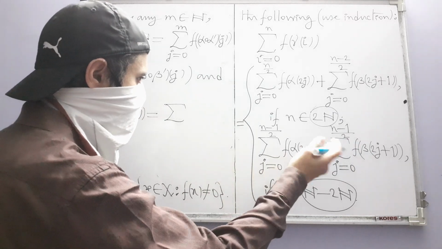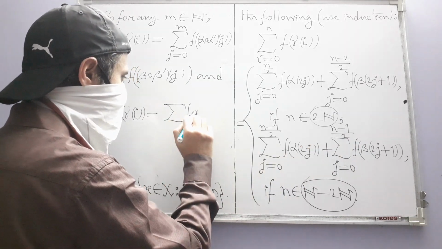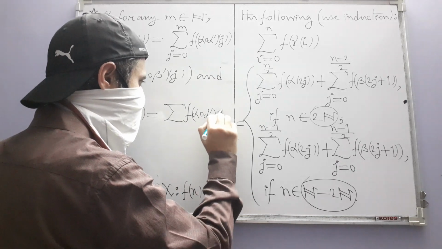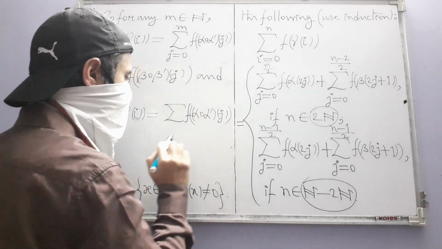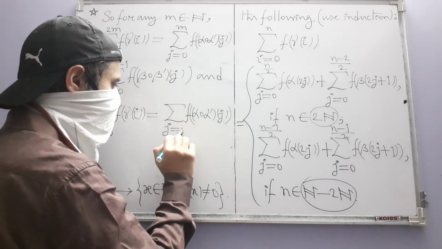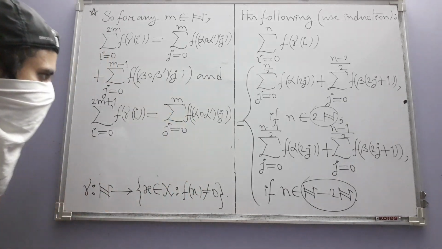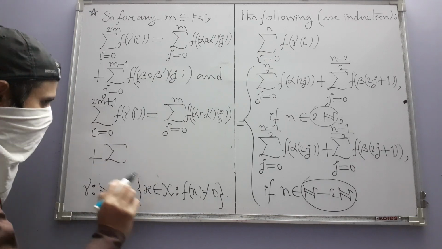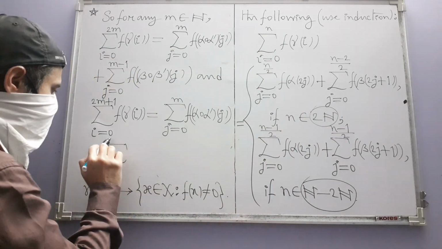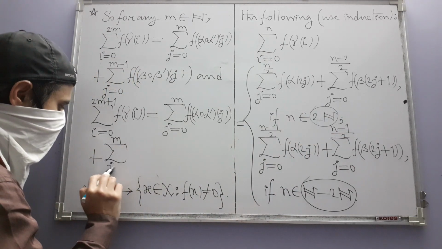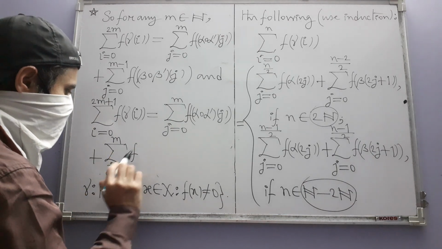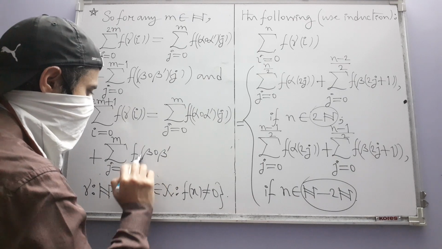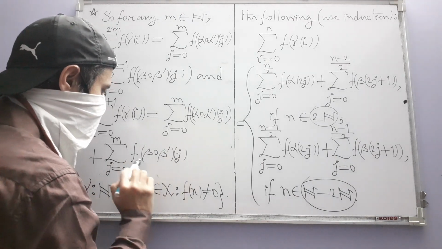And again, using that trick, here you have alpha of alpha prime of j, where j varies from 0 to m, plus here also we have the same thing, so we will have m here, f of beta composition beta prime of j.